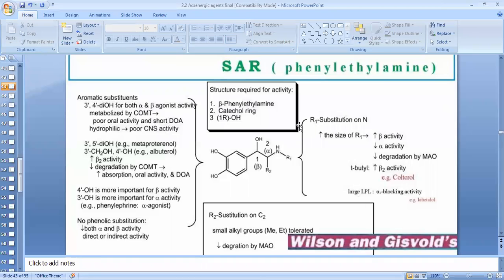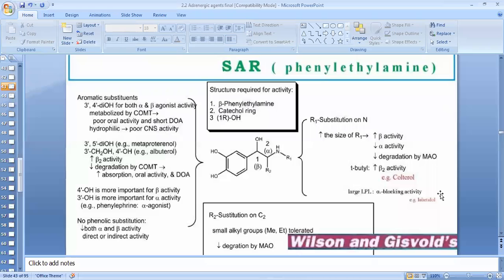Understood everybody? Now, if we substitute this group with a large lipophilic moiety, a large straight chain compound, whereas here we substituted a tertiary butyl group which is branched, then it will increase the alpha blocking activity. If we take a large lipophilic group, like fatty acids, a lipid molecule, as you might have discussed in biochemistry, and substitute them there, then it will give alpha blocking activity.